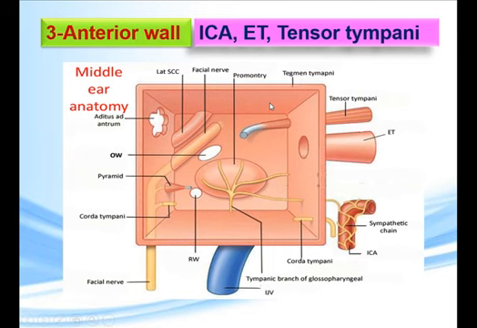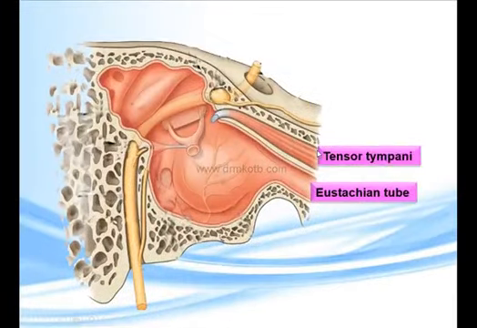Again, we have talked about the roof and the floor. Yes, let's come to see the anterior wall of the middle ear. What's the anterior wall of the middle ear? Can you see? Number 1, this is a very important muscle. It's called the tensor tympani muscle. So the anterior wall harbors a canal for the tensor tympani muscle.